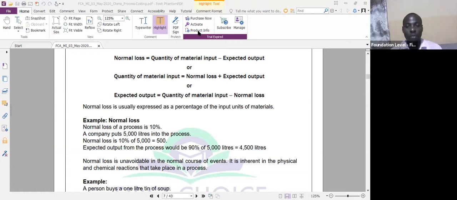That means you have 5,000 liters into a process, and you expect that 500 will go bad or will be lost, so at the end of the day, you are expecting 4,500. So let's look at it in this example here.